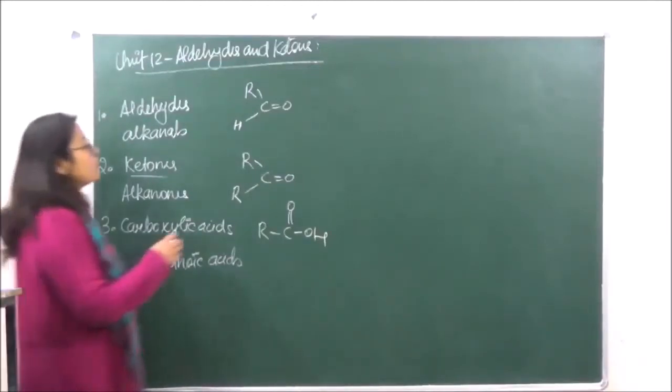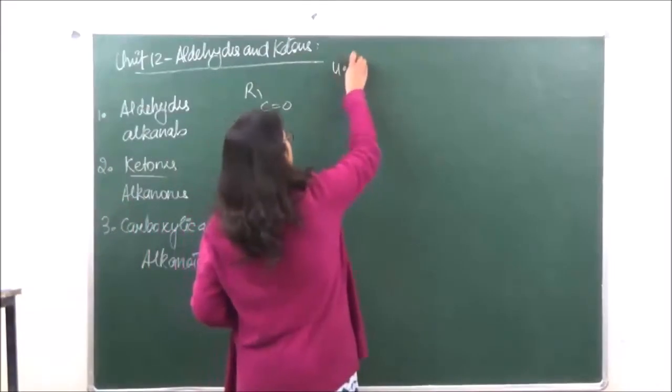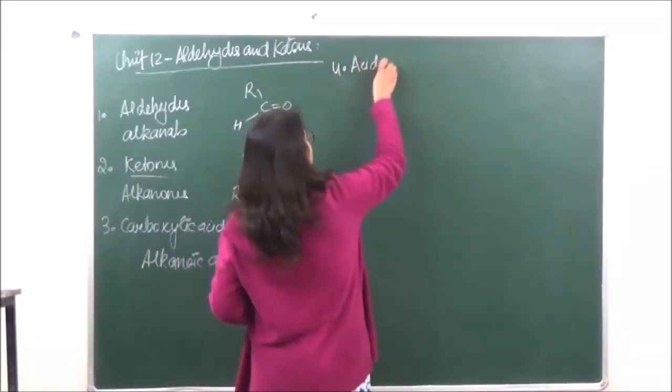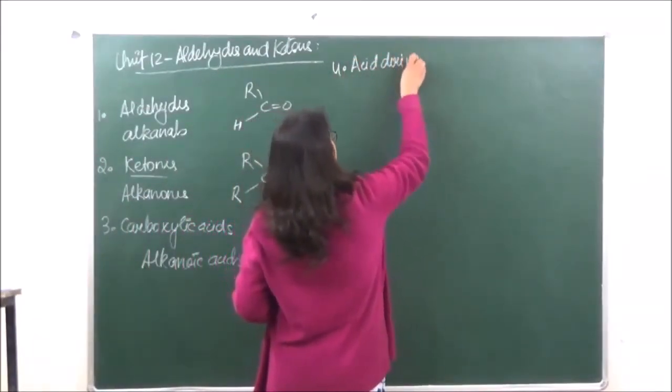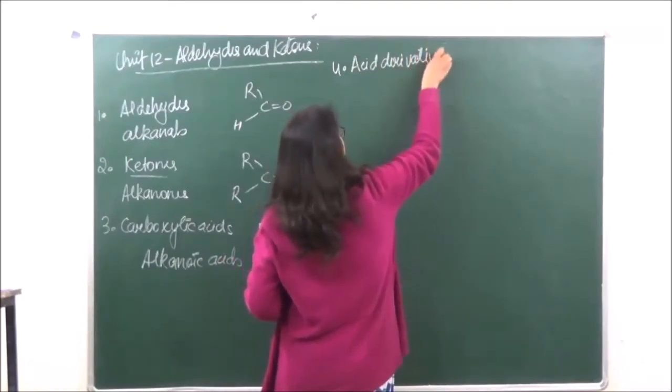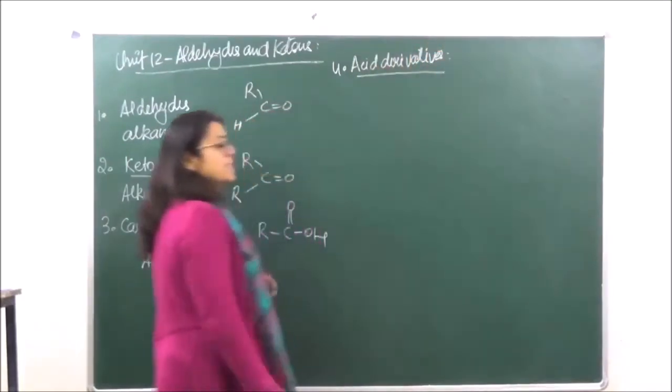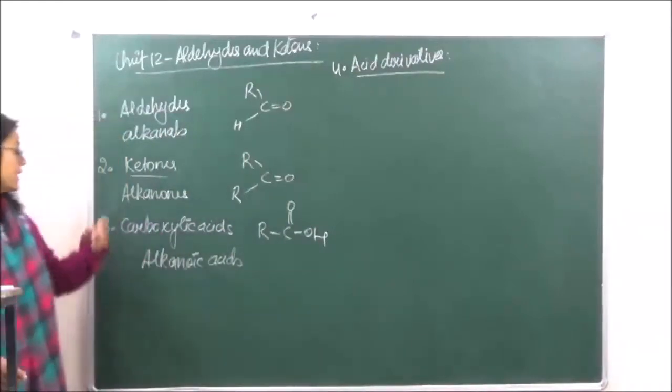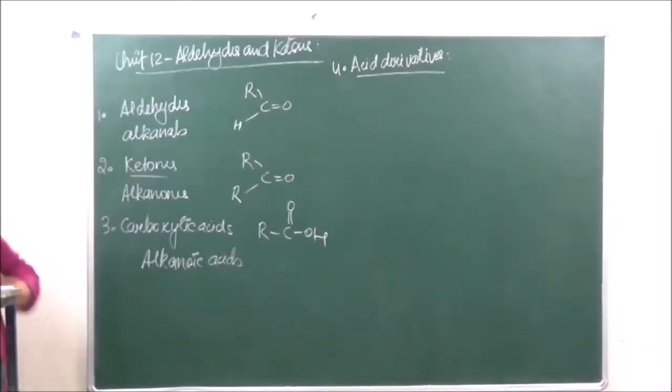Okay, then we have number 4, acid derivatives. Now these are the derivatives which are going to be derived from carboxylic acids.